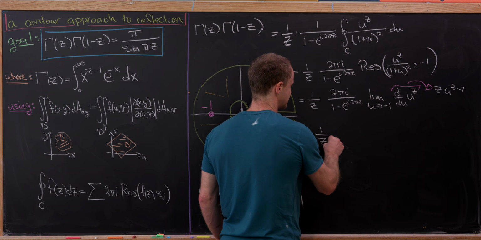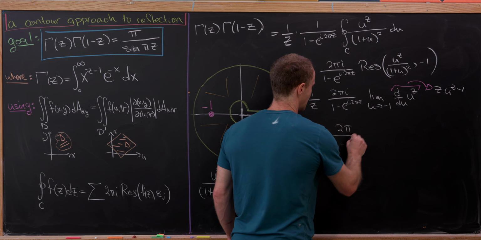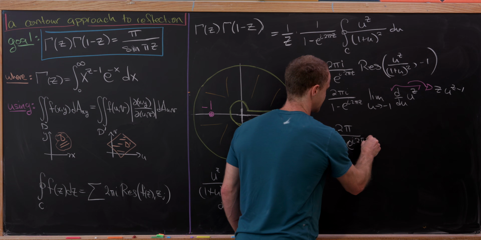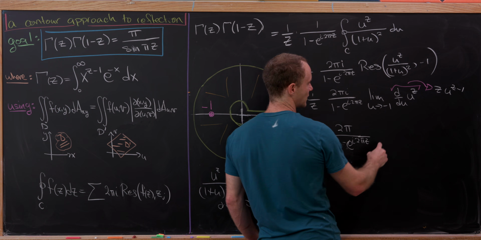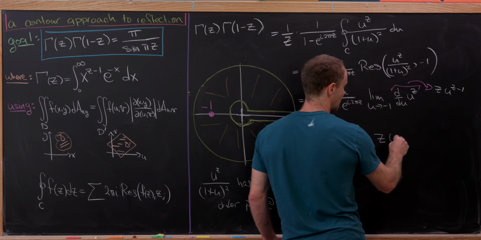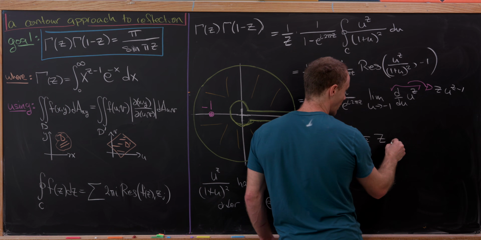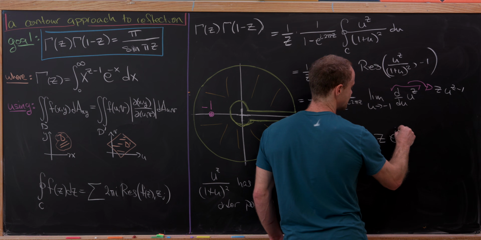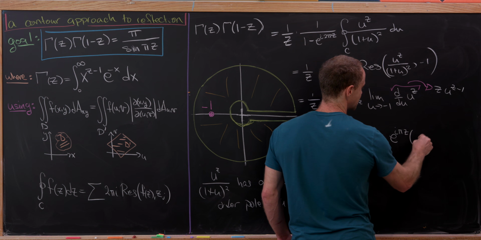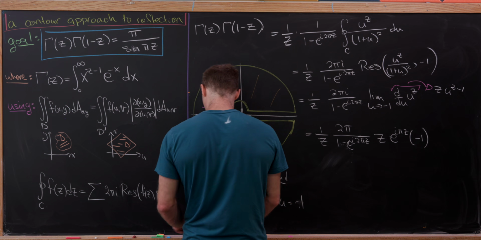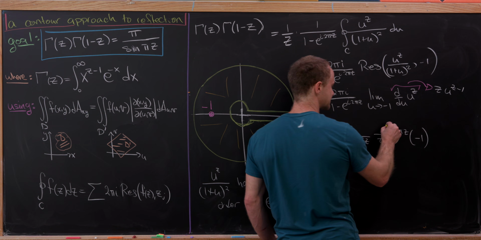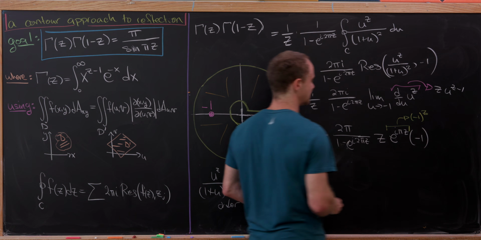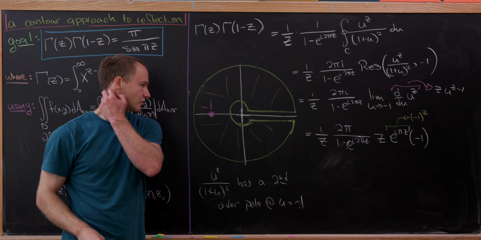So we'll have 1 over z, and then 2 pi I over 1 minus e to the I 2 pi z. And then we'll have a z times -1 to the z, but I'll write that -1 as e to the I pi, so we have e to the I pi z times -1. So just to be clear where this came from, this is our -1 to the z term. Okay, great.